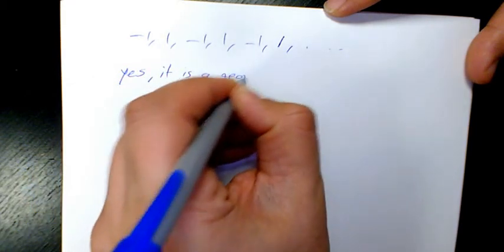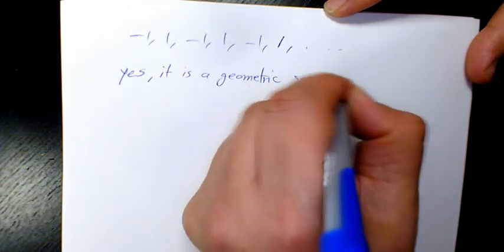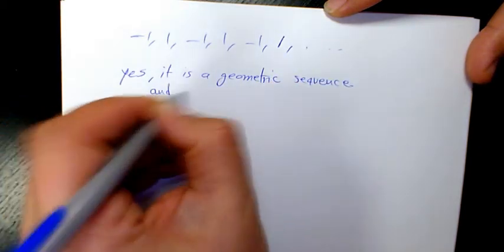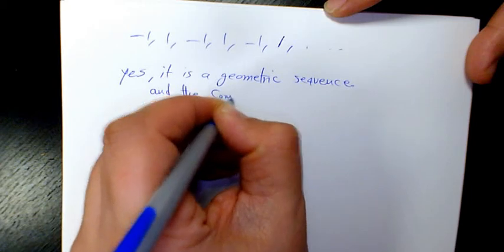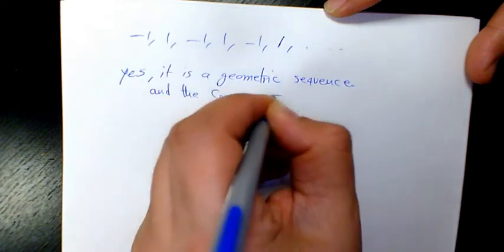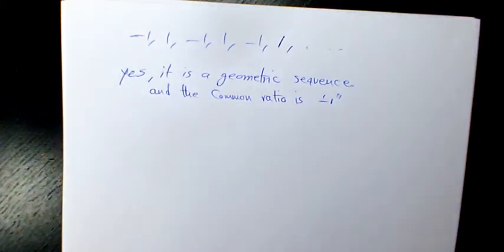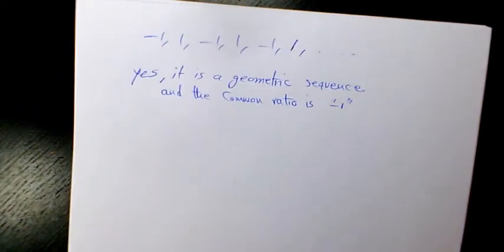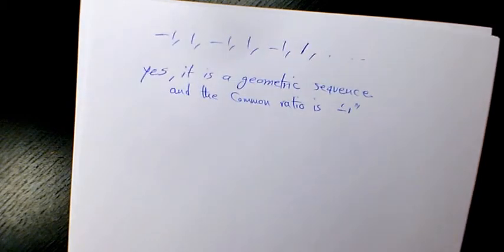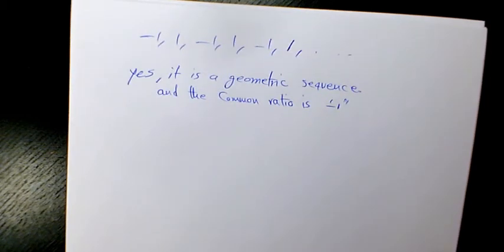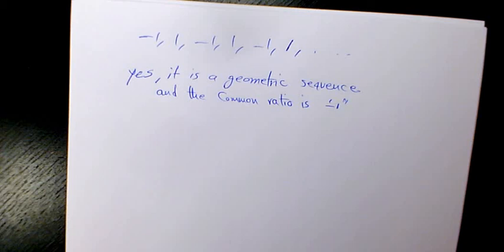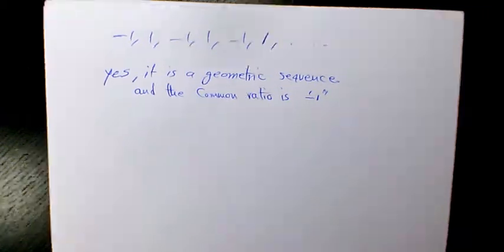It is a geometric sequence, and the common ratio is negative 1, because 1 divided by negative 1 is negative 1, and negative 1 divided by 1 is also negative 1. So this is a geometric sequence, and the common ratio is negative 1.